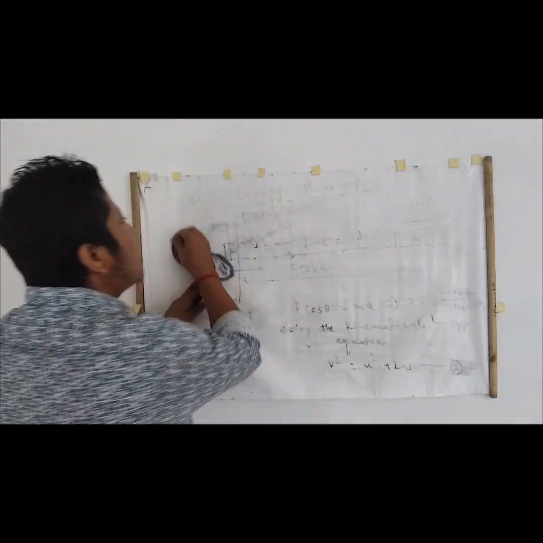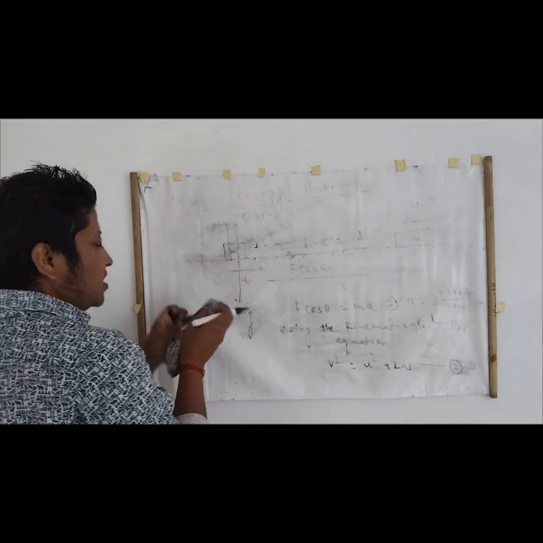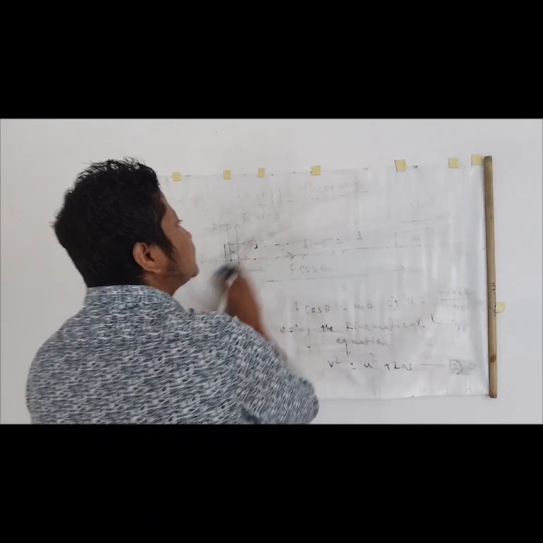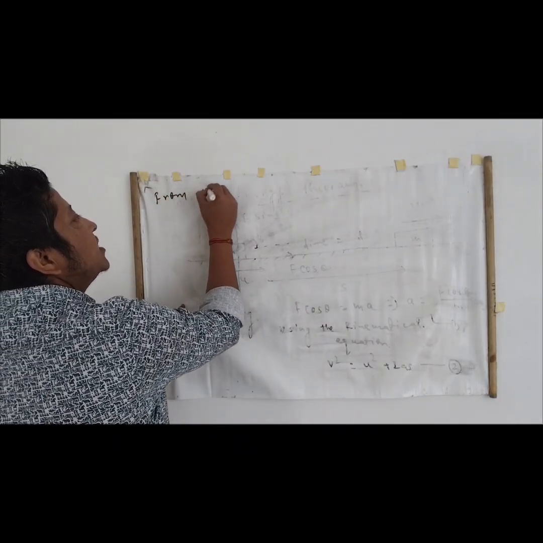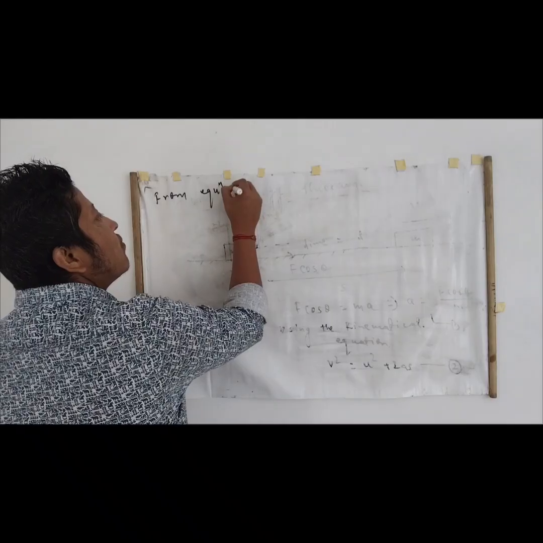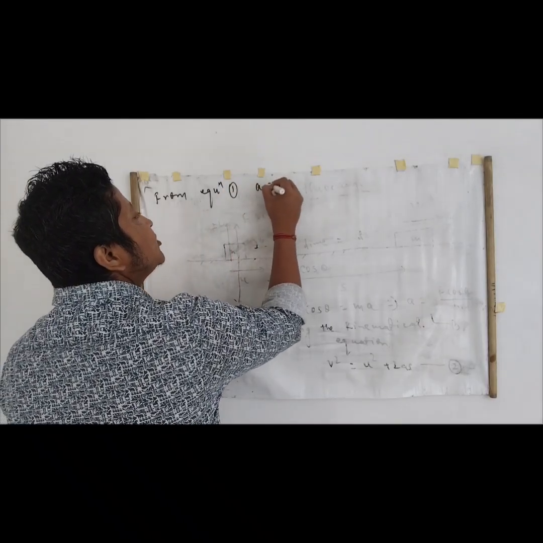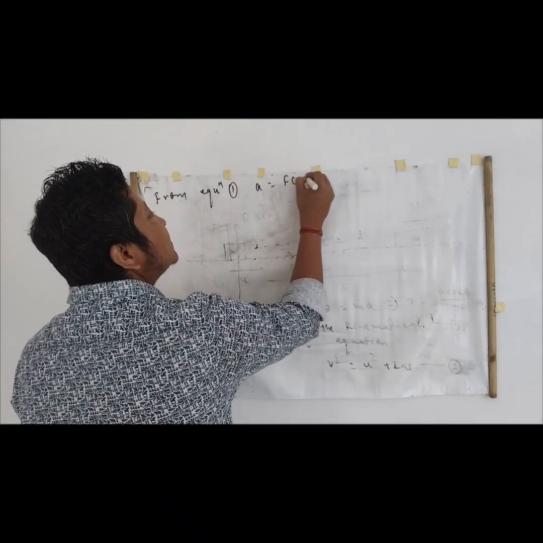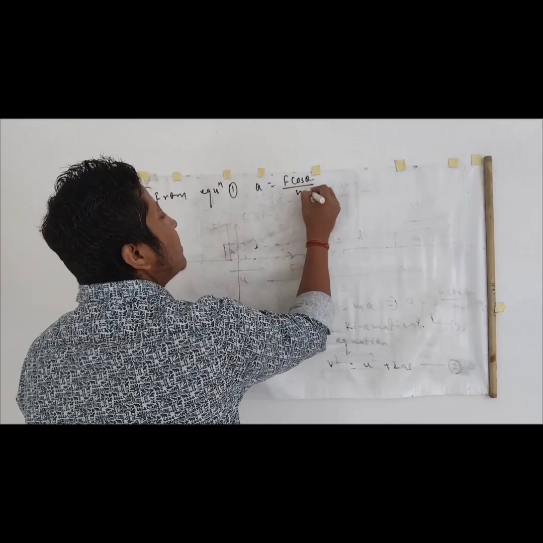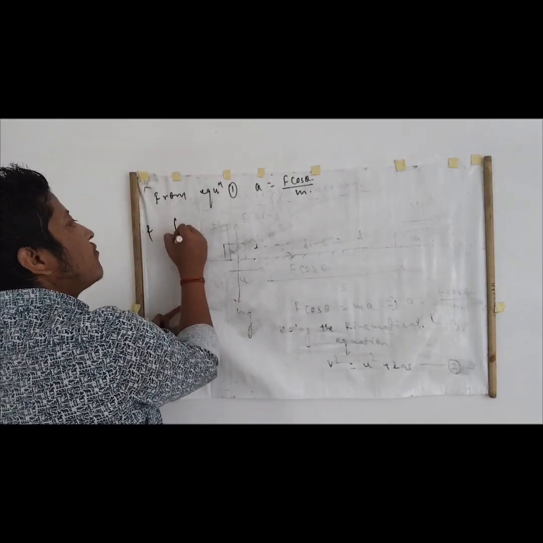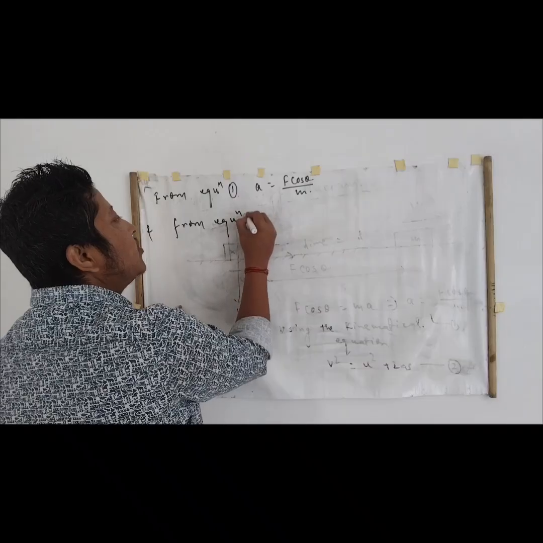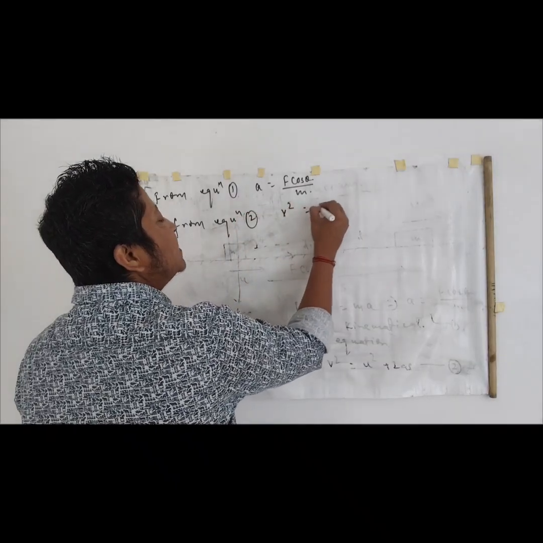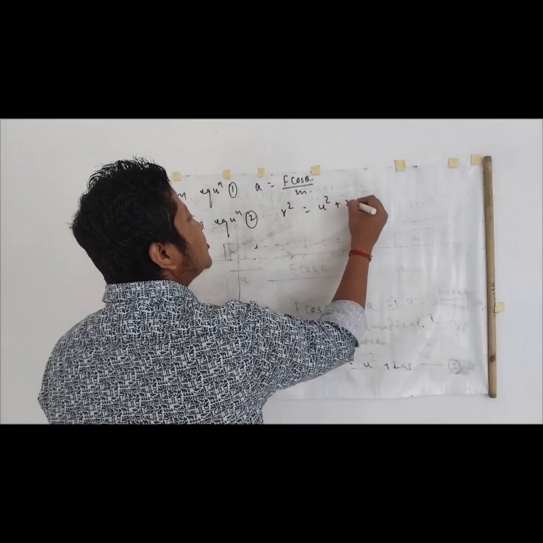From equation 1, a equals F cos theta divided by m, and from equation 2, v square is equal to u square plus 2as.